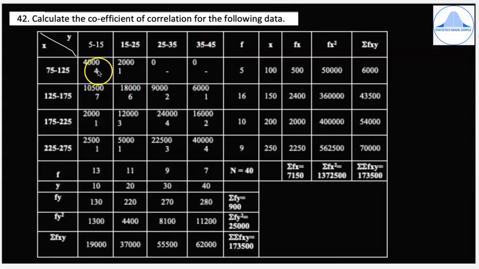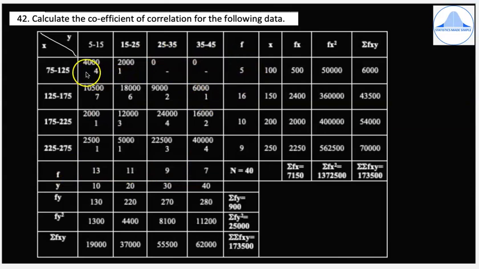In the problem, they have given the joint frequencies as 4, 1, blank, blank, 7, 6, 2, 1, 1, 3, 4, 2, 1, 1, 3, 4. Now the first step is to find out the frequencies for x and also find out the frequencies for y.